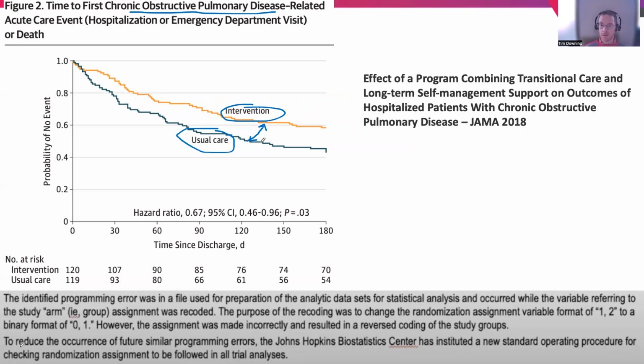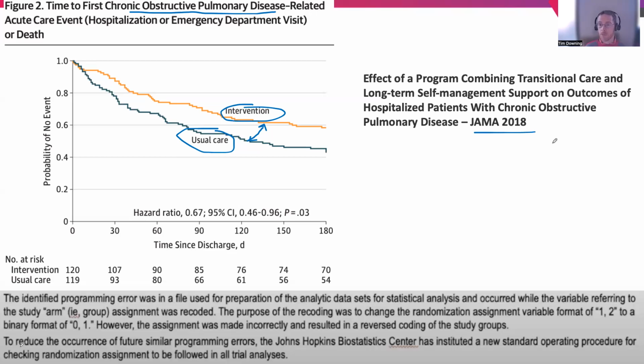That meant that the published paper, which had this plot showing that the intervention had a reduced probability of no event, is more effective. However, in reality, this was not the case; the intervention was unsuccessful, which meant that this paper had to be retracted from JAMA because it was fundamentally wrong.